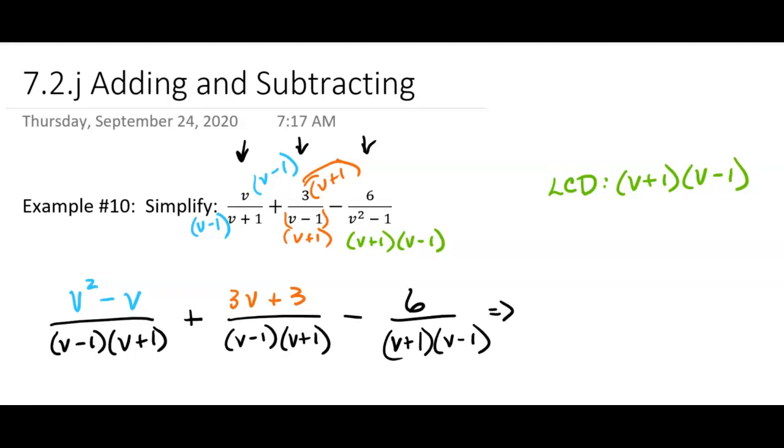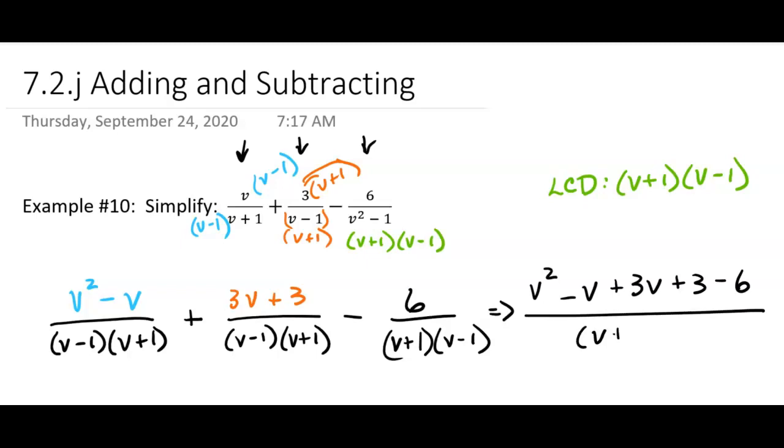So what do we get for the numerator? We've got a v squared, a minus v, a plus 3v, a plus 3, and a minus 6, all over that denominator, v plus 1, v minus 1. So we're getting there.